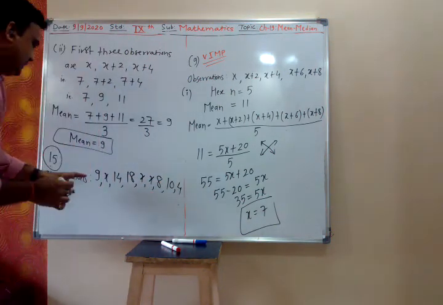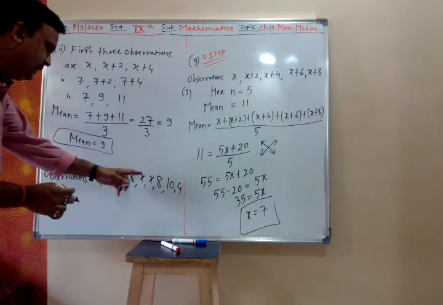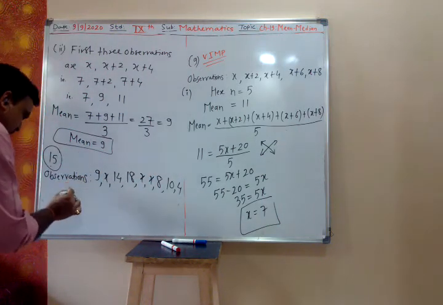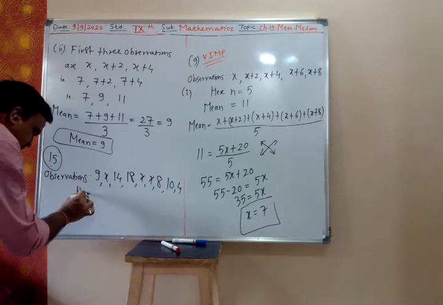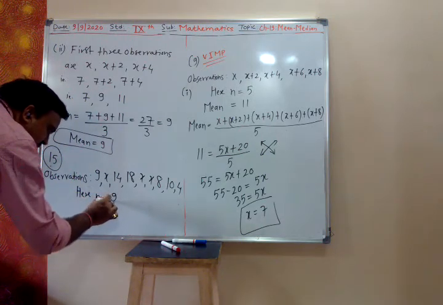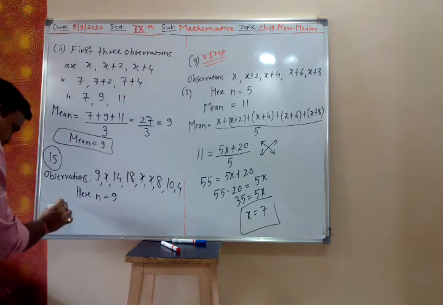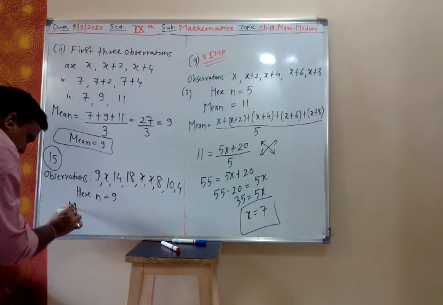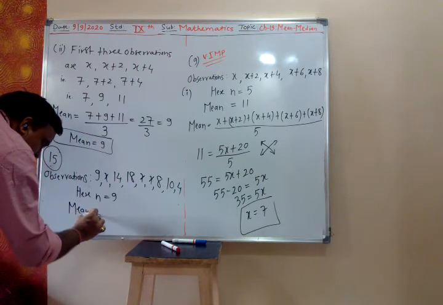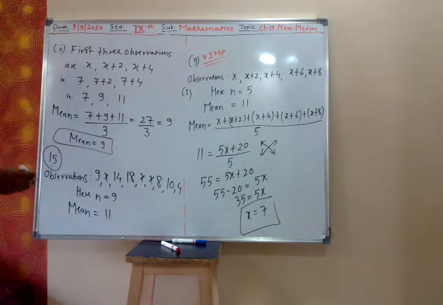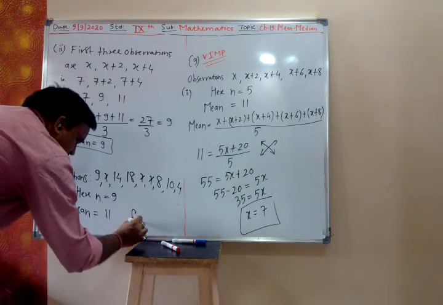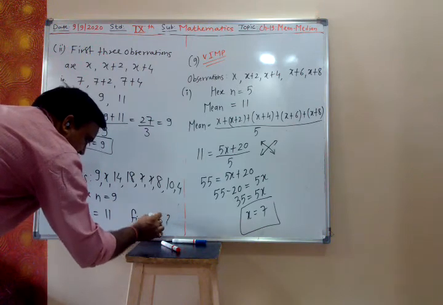How many observations are given? 1, 2, 3, 4, 5, 6, 7, 8, 9. So here n is 9. The mean of these 9 observations is also given, 11. Find x.